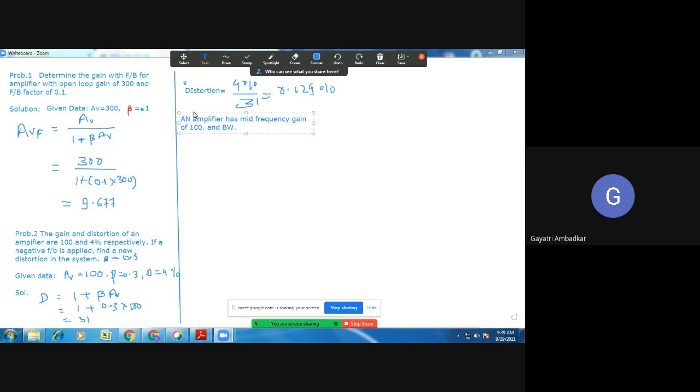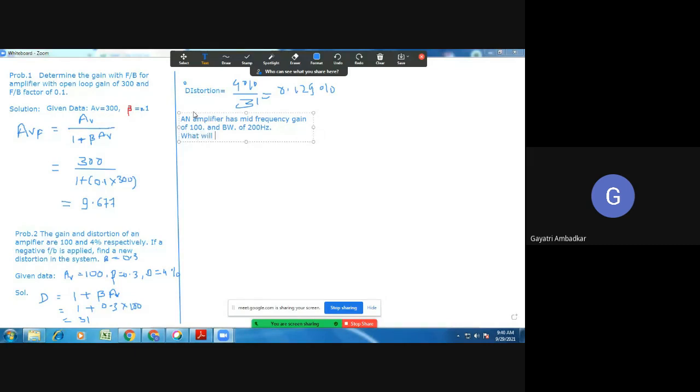Do you remember? Mid frequency region, low frequency region. Yes or no? Do you remember the frequency response of an amplifier?